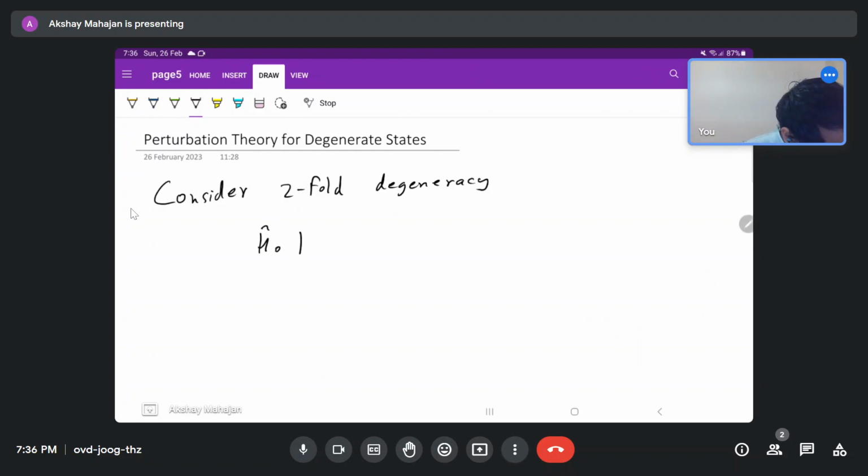To see how you get this term: we can get this equation for the D-fold degeneracy, but we can solve it more explicitly for the 2-fold. Let's say this is our psi function.